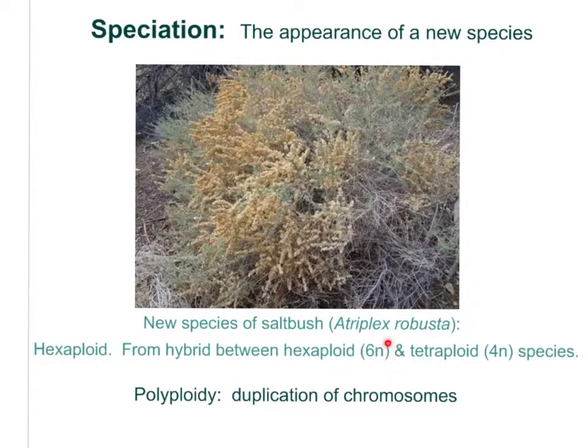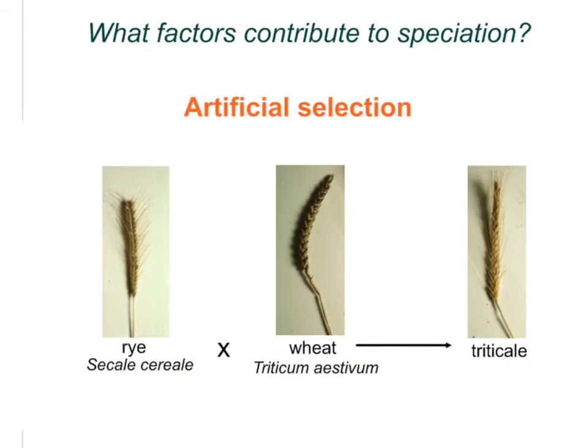It is 6N, and it is formed from a hybrid between another hexaploid and a tetraploid species, and that's a recent example of speciation being seen. Polyploidy. This is just a review, we've talked about this before. Polyploidy is just the duplication of chromosomes, like these 6N and 4N numbers of chromosomes.